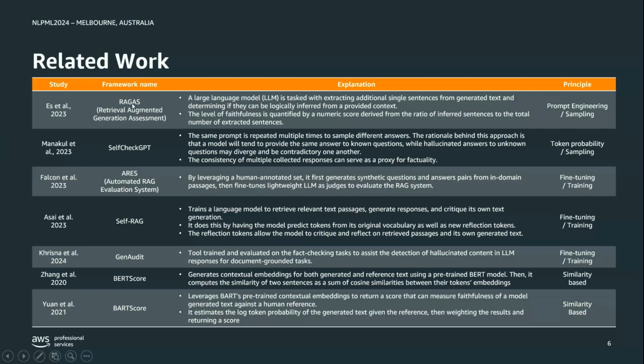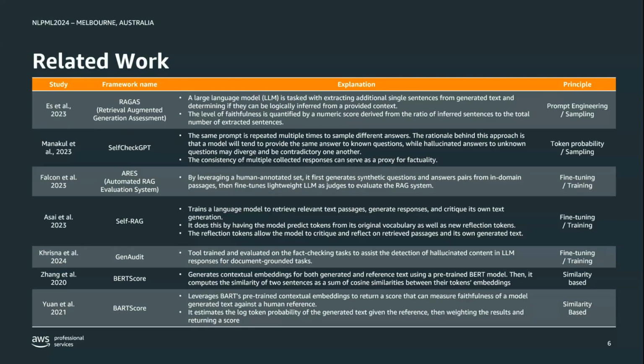And finally, RAGAS is a framework that allows evaluating RAG in a holistic way. It assesses both the vector store, the search engine, and the generator part. Concerning factuality, it is a prompt engineering based method.